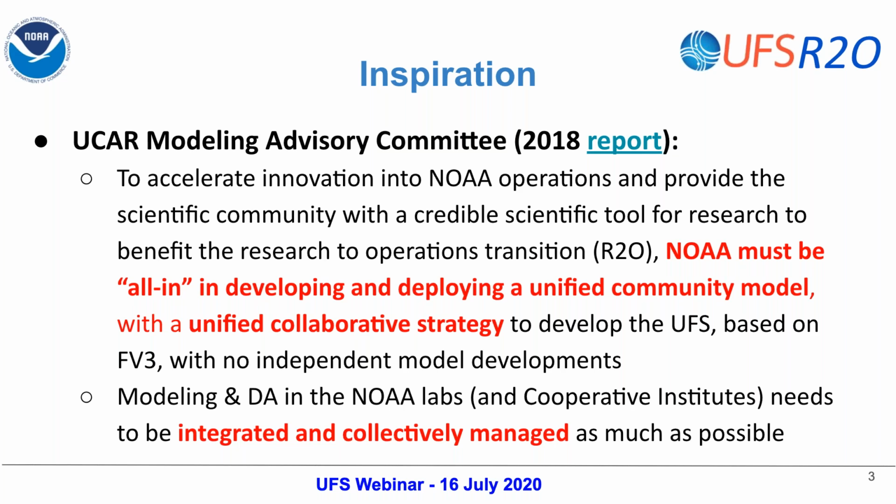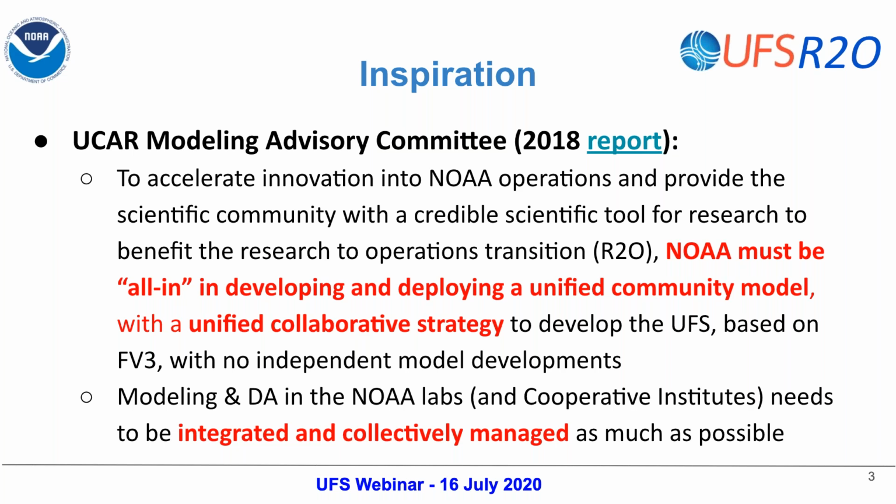And as it says in red there, NOAA must be all in developing and deploying a unified community model with a unified collaborative strategy. There's been quite a lot of work since this report more than 2 years ago, thinking about how to develop a unified system and a unified collaborative strategy. There's a UFS steering committee that meets weekly to discuss strategy for how we can collaborate better, how we can communicate better, how we can share code, how we can share data.